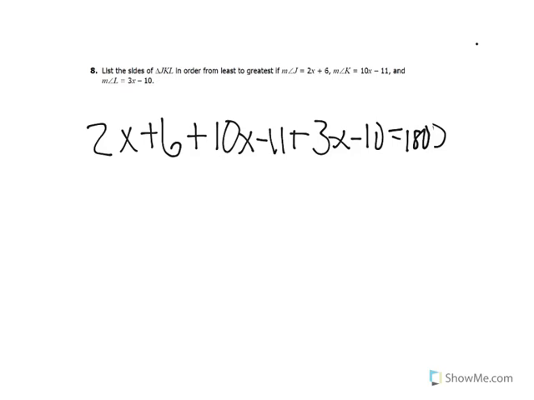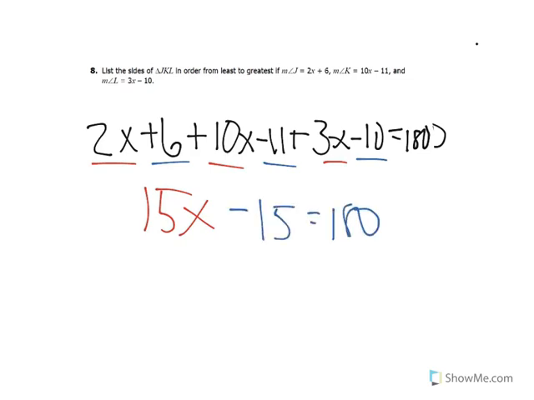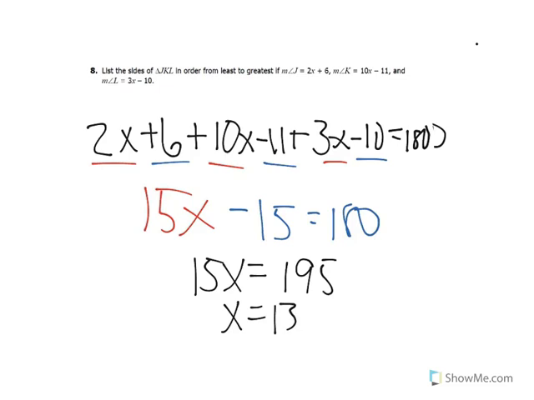Now combine your like terms to solve for x, and we get 15x minus 15 is going to equal 180. 15x equals 195. X is 13. Now that we have x, we're going to plug that back into each of our angles to figure out what each angle is.